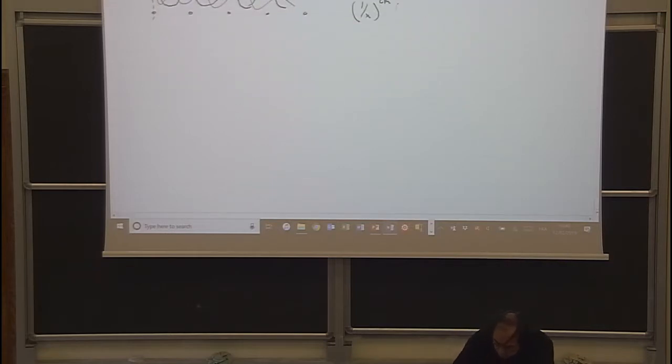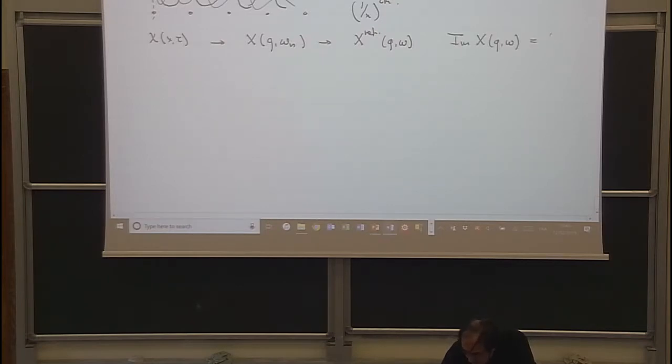Let me go to Fourier space. If I do the Fourier transform of this correlation function, let's call it chi of x and tau, I can go to chi of q and omega n, to which I can go to the retarded correlation, chi of q and omega, and the imaginary part of chi of q and omega is again the so-called spectral function. It's not the same spectral function we were discussing, but it's the one this time that describes the density fluctuation.